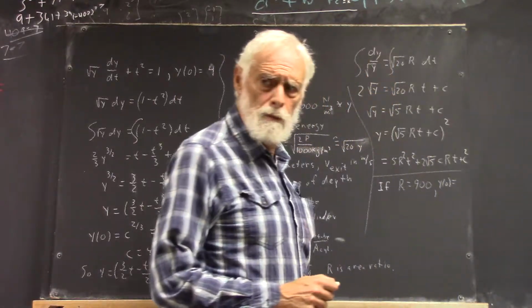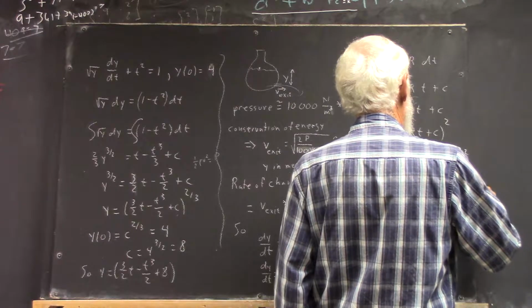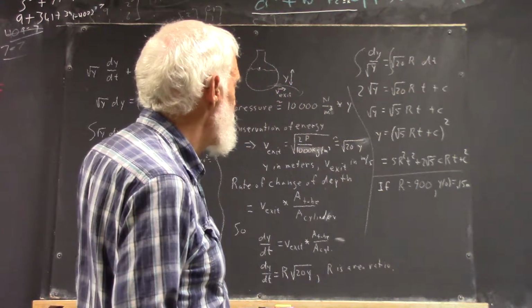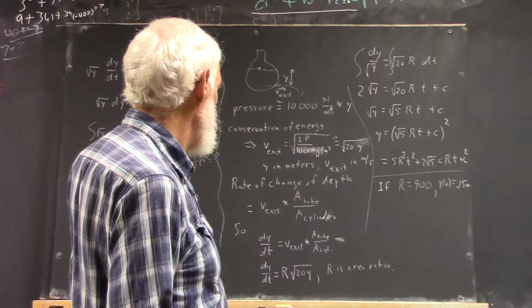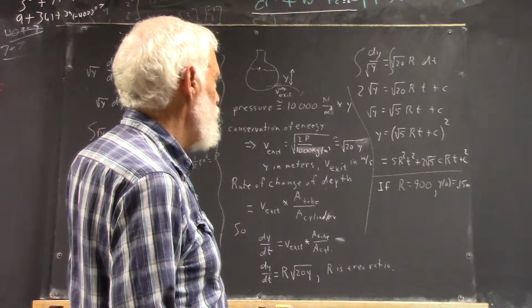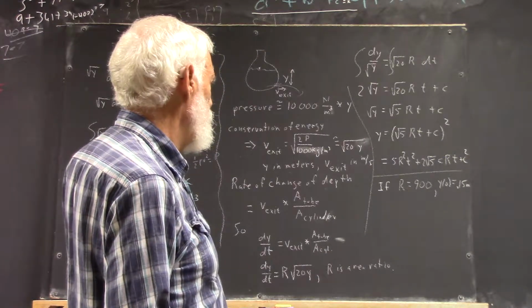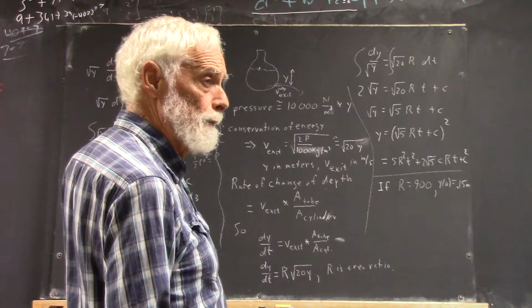Y of 0 is, let's say, 0.15 meters. You get an R squared there. Make that coefficient really tiny. And that's just not going to work.